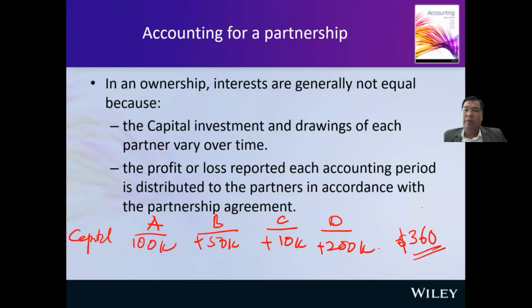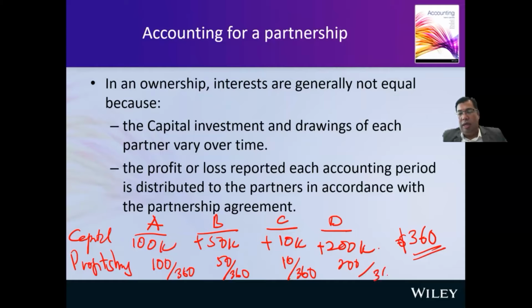If you are using the proportion of the capital, the profit sharing will be 100 over 360, 50 over 360, 10 over 360, and 200 over 360. This is based on the opening balance of capital.